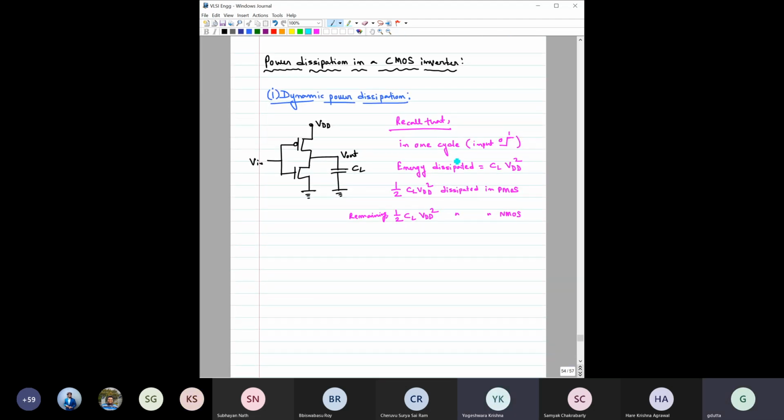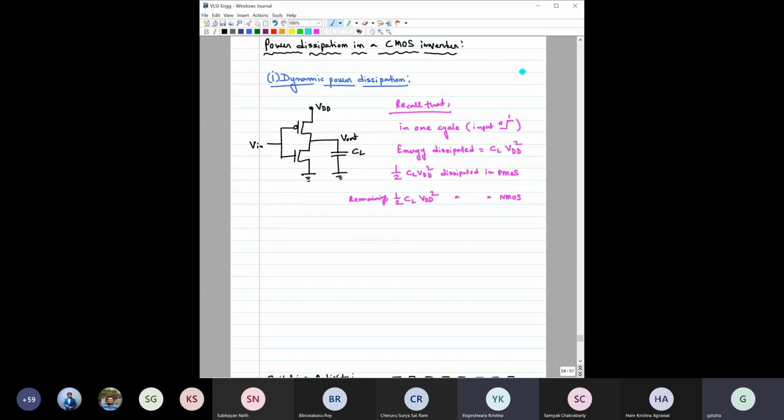Now let us introduce another important topic in this design context, which is power dissipation. Power dissipation in a CMOS inverter. In a CMOS inverter, the total power dissipation can be divided into three parts.